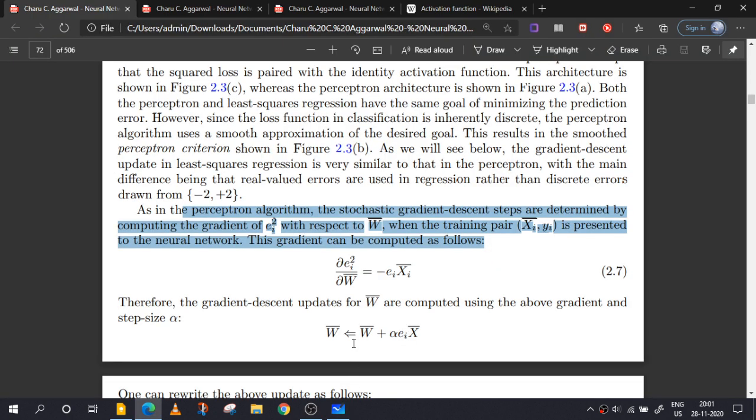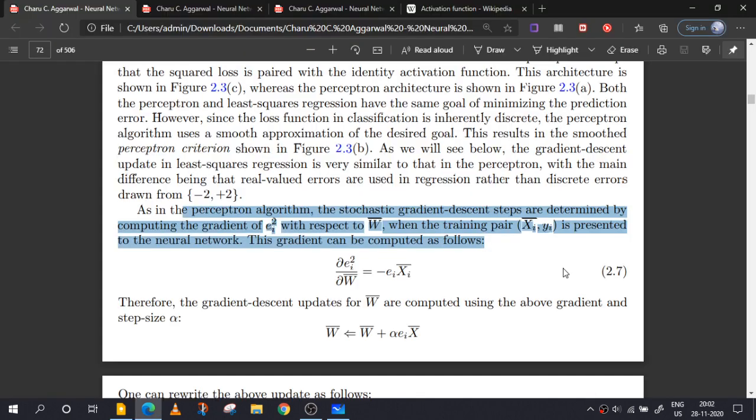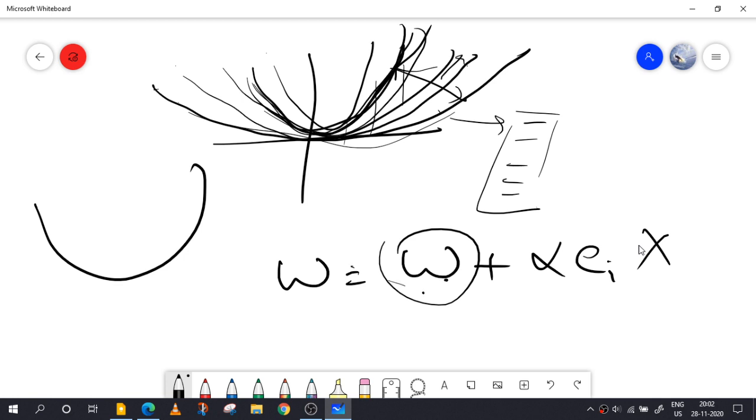That's why you see here w is equal to w plus alpha e_i x, and this is the original. Let's say this is a curve, so based on the error it will be minus or plus, it depends.